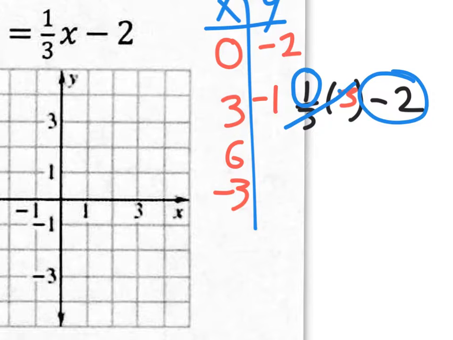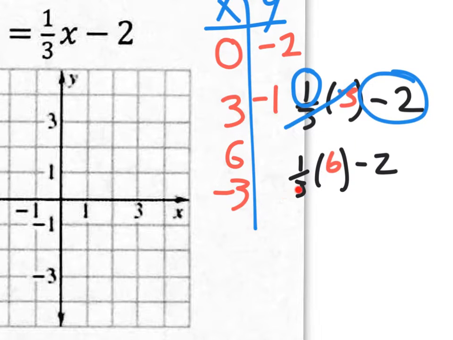Okay? So let's try that same thing. Up here we have 1/3 x minus 2. So let me rewrite it. 1/3 x minus 2. But this time I'm going to plug in 6. When I plug in 6 right here, I'm going to have the 1/3 times 6. What happens with the 6 and the 3?